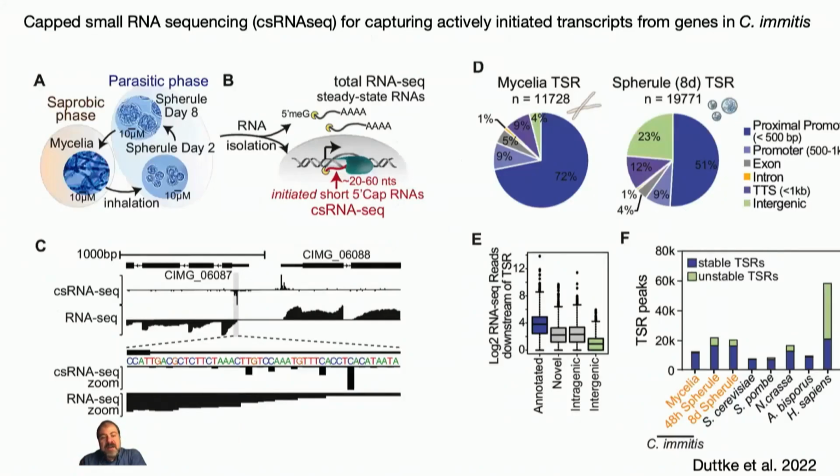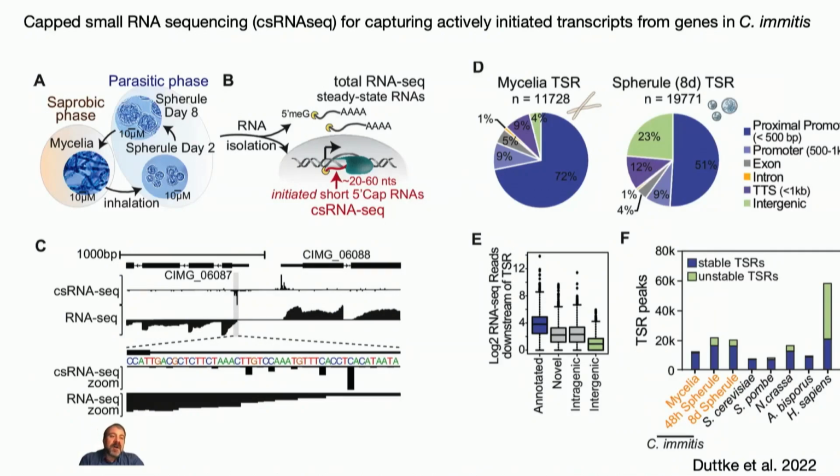Finally, just a little bit of data advertisement of a paper that was published earlier this year from Aaron Carlin's lab at UCSD. This includes a comparison using this new technique called csRNA-seq, for cap small RNA sequencing.